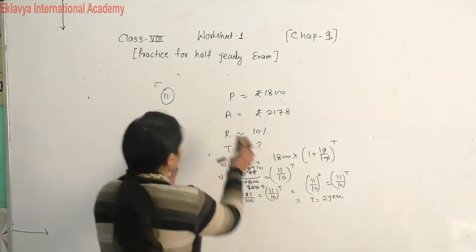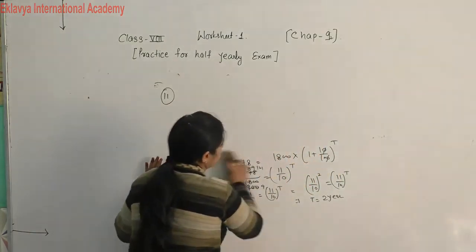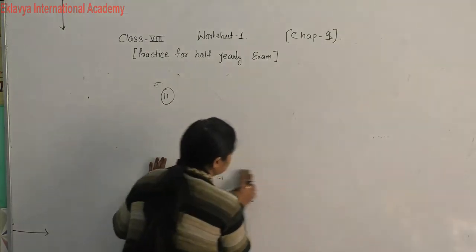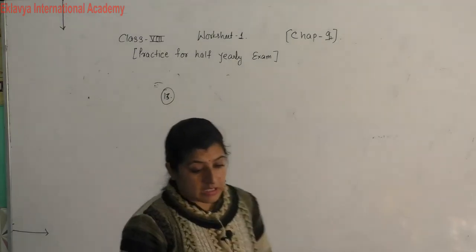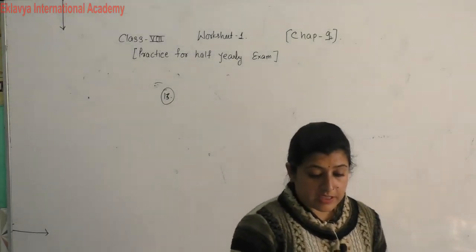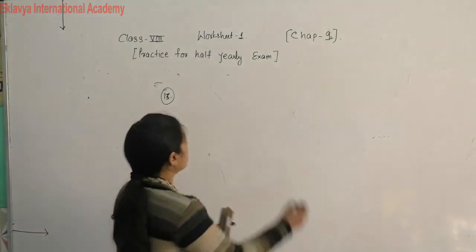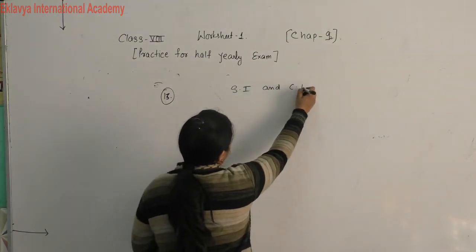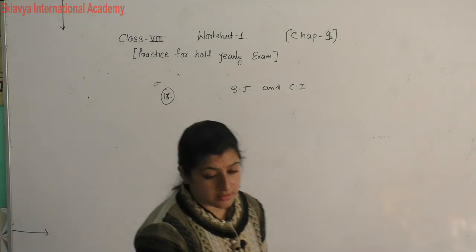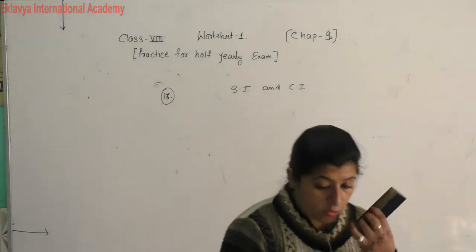Okay, we are solving this one question here. On what sum of money will the difference between the simple interest and compound interest for 2 years?